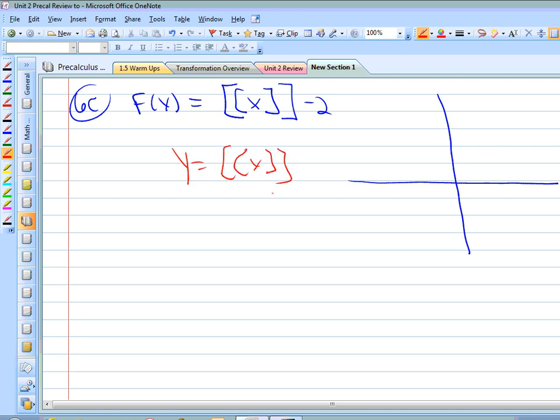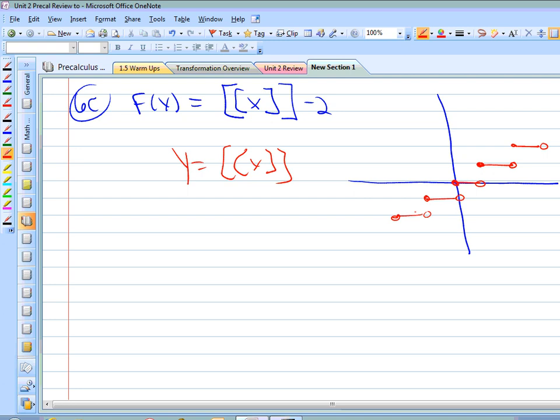And I'm sorry, I'm not drawing very well. So that would be at 0, a solid dot, over 1 unit, an open dot, up to 1, over, up to 2, over, and it jumps. This particular greatest integer function is called a step function, like a step. And we would go down and over. And it would look like that.